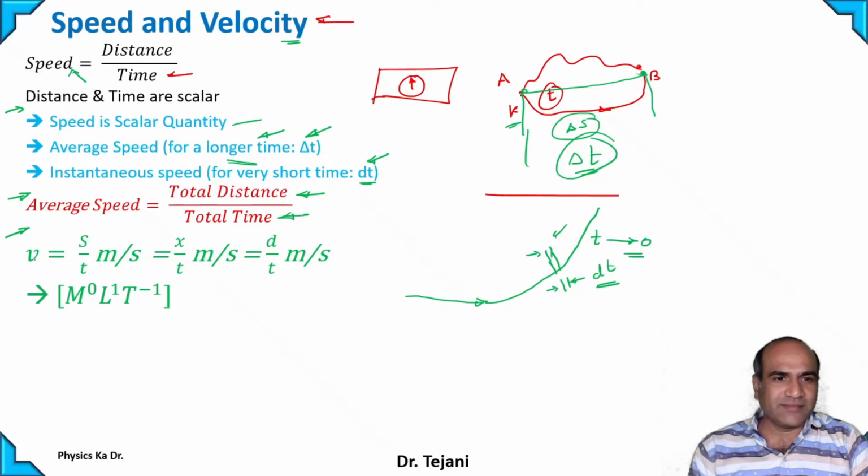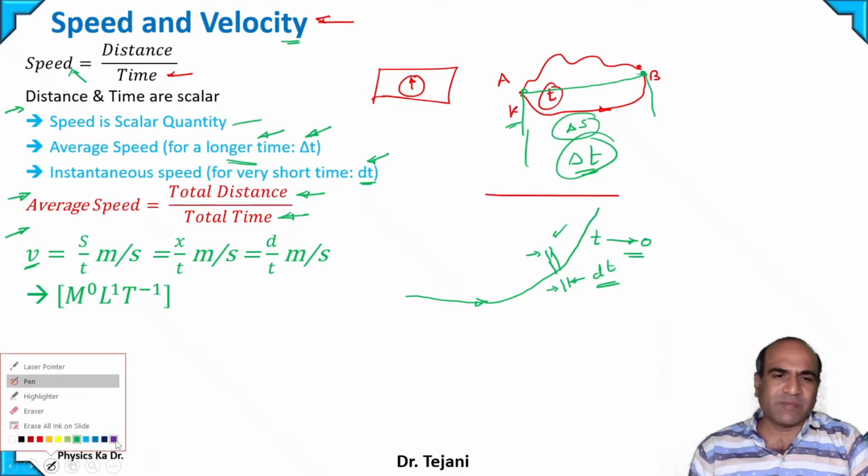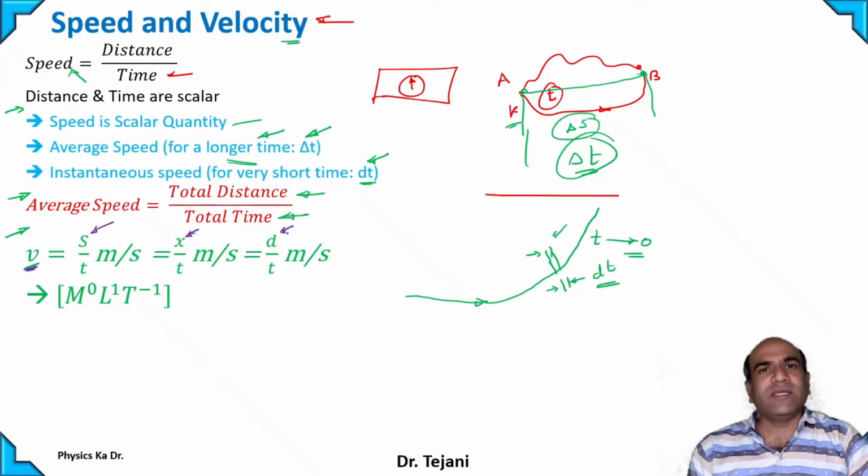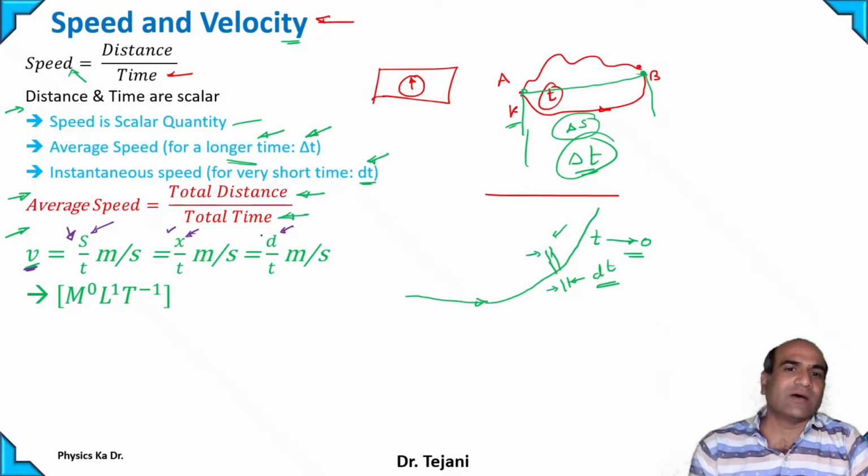And for average speed, the letter used is a small v, or sometimes capital V can be used, equal to the total distance s, either s or x or d. These three terminologies are popular. We will be using mostly s, sometimes x or sometimes d.